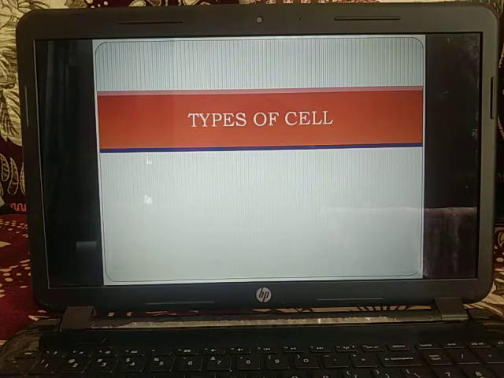Now the last type is the dedifferentiated cell. They are differentiated cells which revert to an undifferentiated state to take over the function of division. The process by which they lose their specialization is called dedifferentiation. It involves reactivation of certain genes and prevents differentiation, allows limited growth, and induces division.